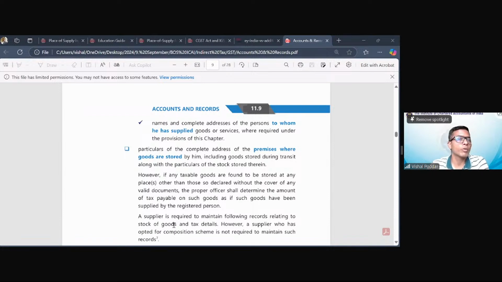I got a very beautiful question. The student is asking me, sir, what kind of questions come in this chapter? The answer is simply, go to the end of every chapter. What is asked in the exam, you will find there. It means the nature of the question, the type of question, the type of answer they expect, that is given. That is the best part of our module.